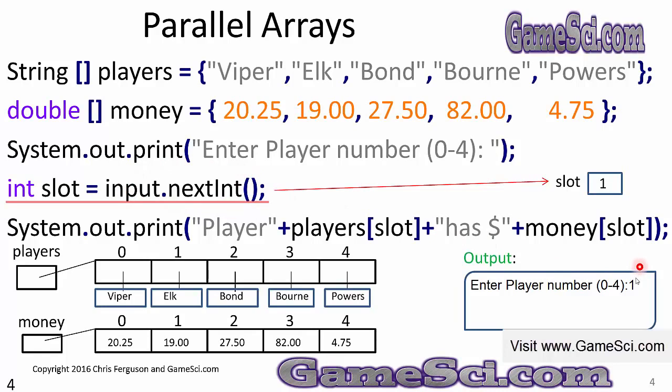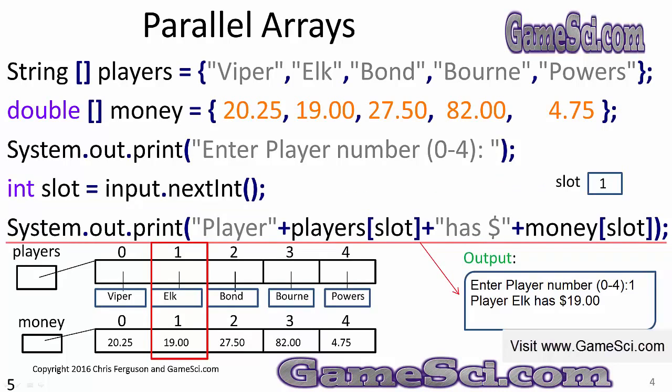You can see over here on the output that the player typed in a 1. I want to access slot 1 of the array. I stored it in a variable called slot, and I want to access the information in position or index 1 of both arrays. I boxed in position 1.